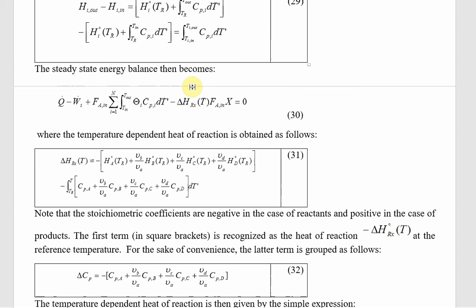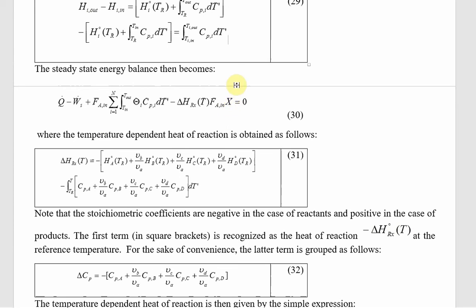So we should read this equation as that if we have an inlet temperature T in and this exit temperature T out, and if all these other factors are as they are, so if we are adding a certain amount of heat and a certain amount of shaft work, and this is the molar flow in and so on, then in order for us to have this specific temperature change, we must have converted to this extent. Right, so that's the way to look at this equation.